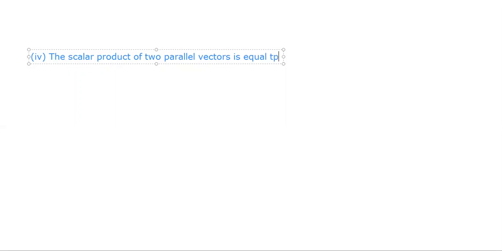Fourth property, the scalar product of two parallel vectors is equal to the product of their magnitudes.